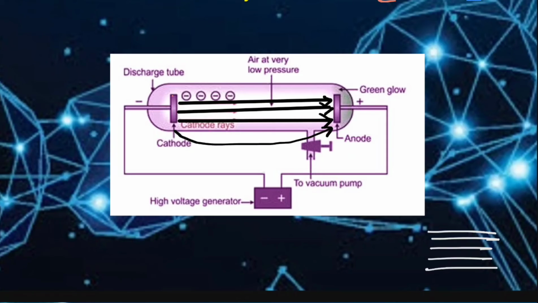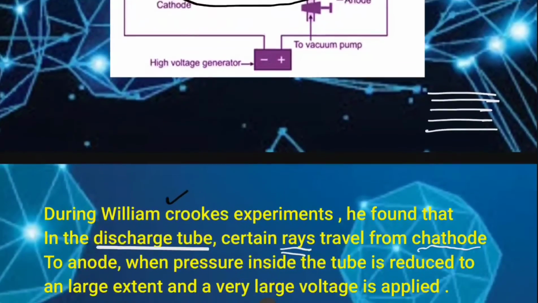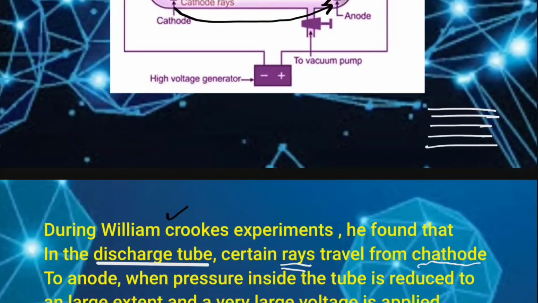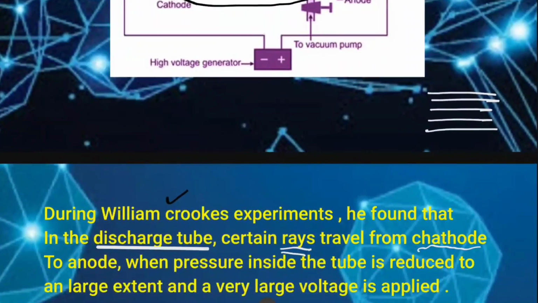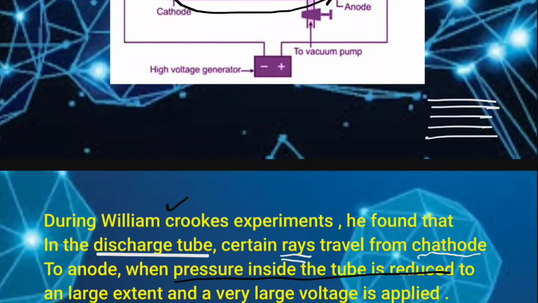So when did these rays originate? How did these rays come? Only when there is a very low pressure inside, that is, pressure reduced to a very large extent, and a very large voltage is also applied.